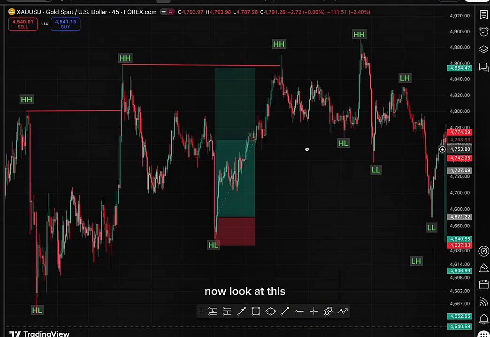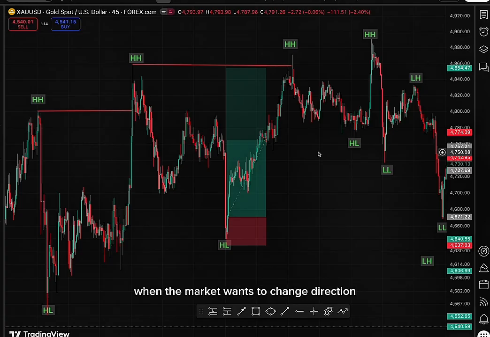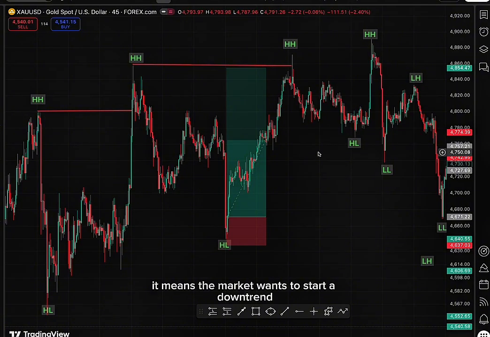Now, look at this. I told you guys about the market structure shift in my last video, when the market wants to change direction. If it's in an uptrend, you see a market structure shift, it means the market wants to start a downtrend. And when it starts that, you look for a sell. How do you know a market structure shift?